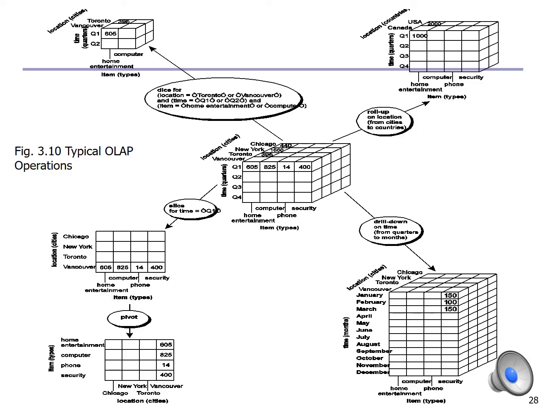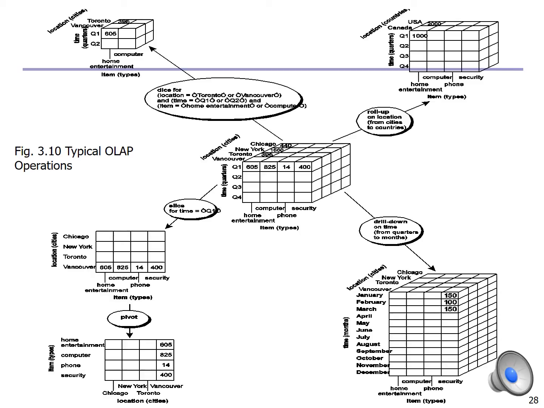Now the left side of the slide shows, the top part shows how dicing is done, and the middle figure on the left hand side shows you how slicing is done, where you're getting only a two-dimensional picture of what you're interested in.